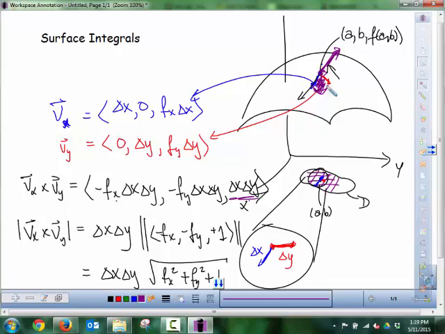Now imagine if we're just double integrating over this domain D, then that would give us the rest of these little square pieces that we can add up. And so we can have the area of a surface using a double integral.